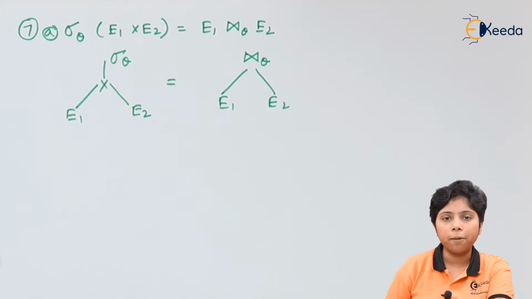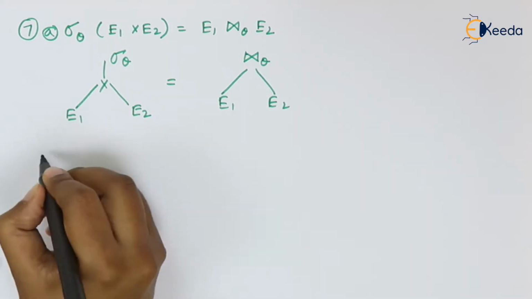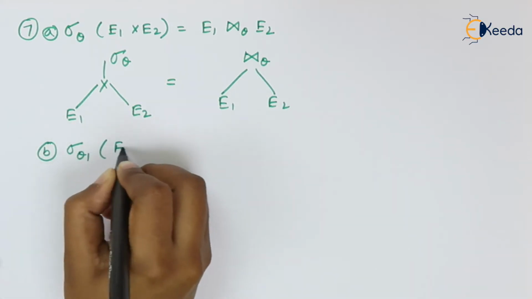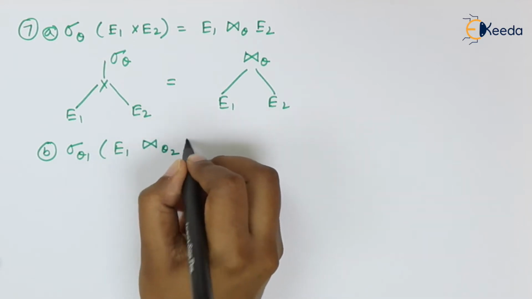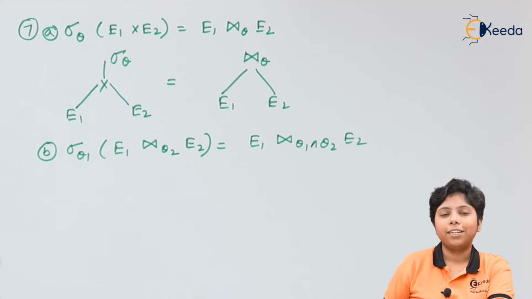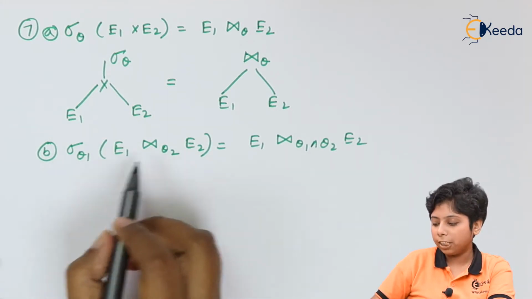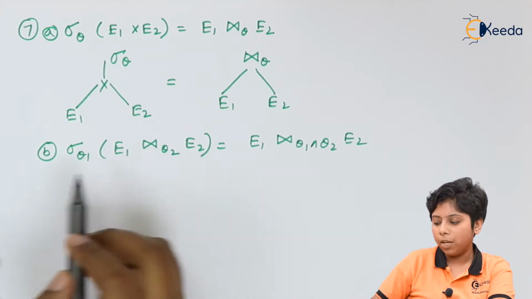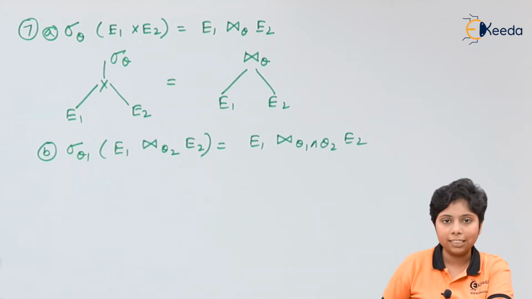Now it can also be written in a different way. The Cartesian product can also be written in terms of theta: the theta joining on E1 and E2, based on the selection on theta 1.